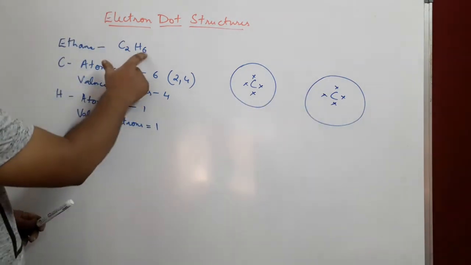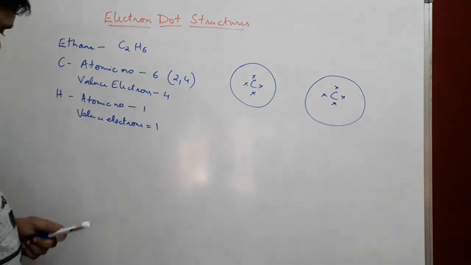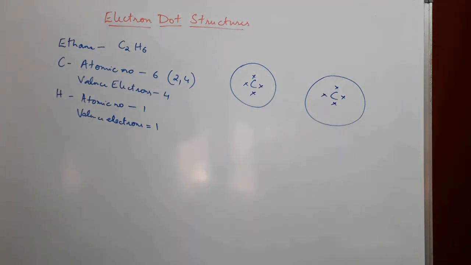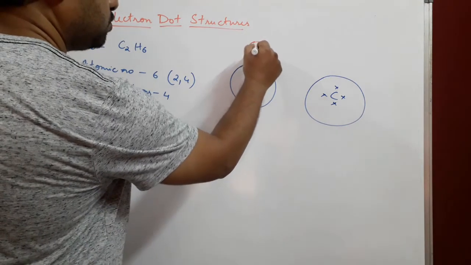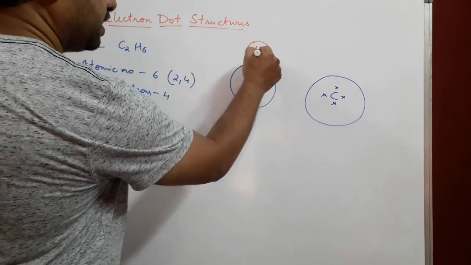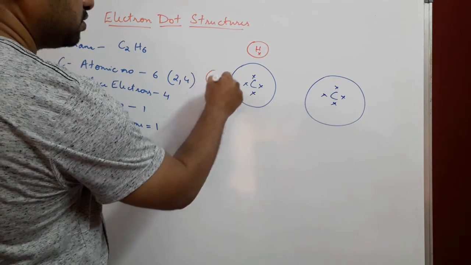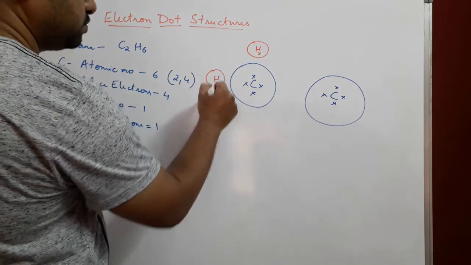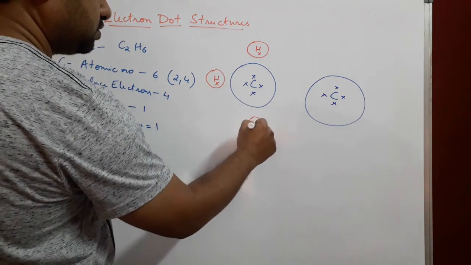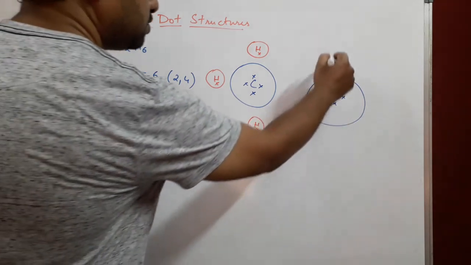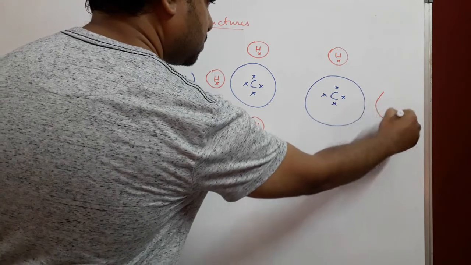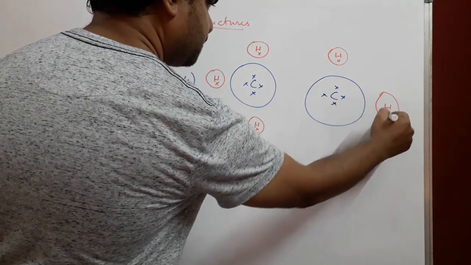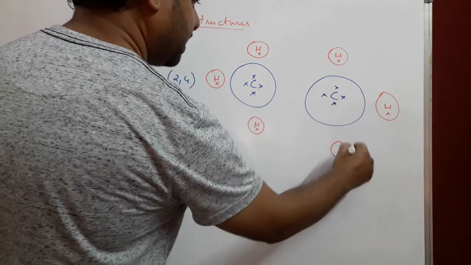Then we have 6 hydrogen atoms. So we'll mark the 6 hydrogen atoms in this case, and each one has got 1 electron: 1, 2, 3, 4, 5 and 6.